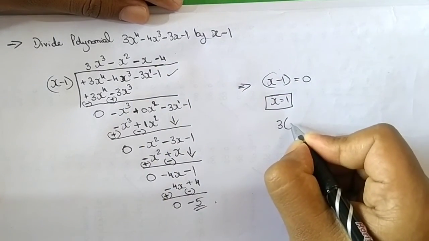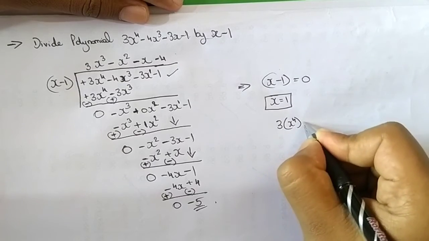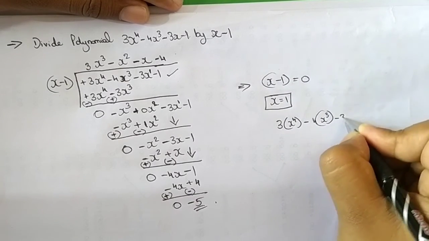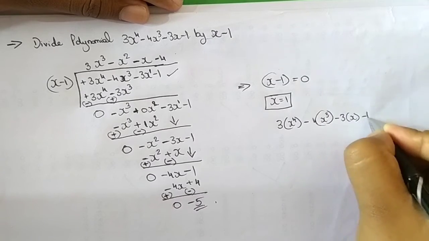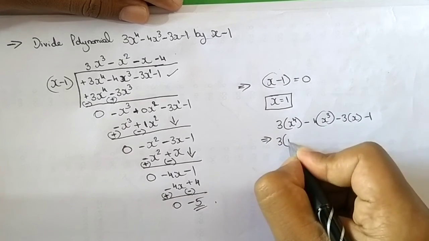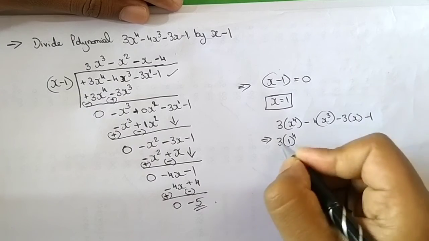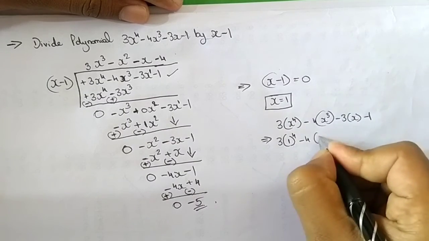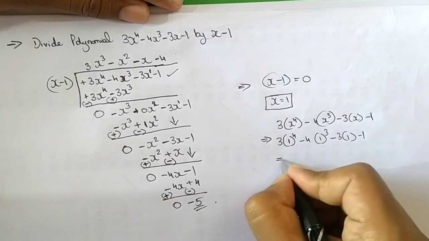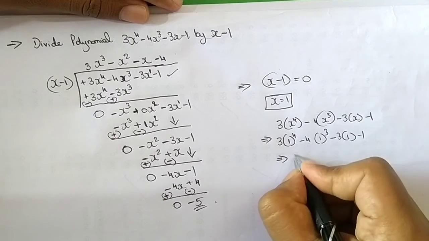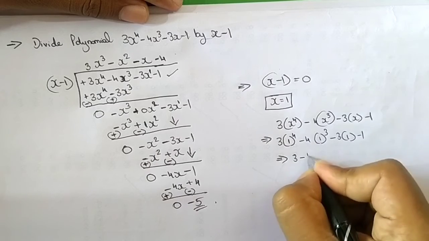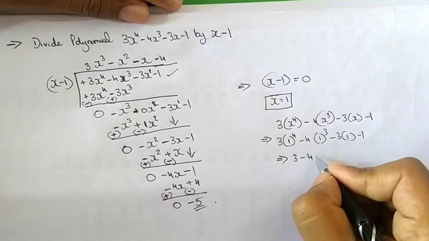3 into x power 4. Let me write the question first. 3x power 4 minus 4x cube minus 3x minus 1. Now substitute x as 1: 3 into 1 power 4 minus 4 into 1 cube minus 3 into 1 minus 1. 1 power 4 is 1 only. 3 ones are 3, minus 4 into 1 cube, which is 1 only.